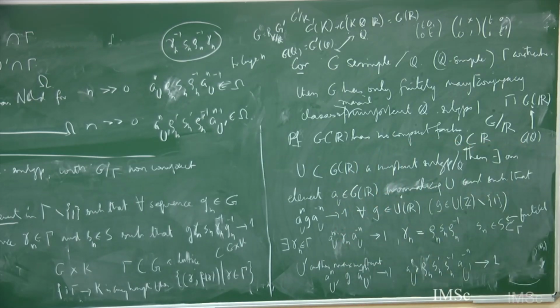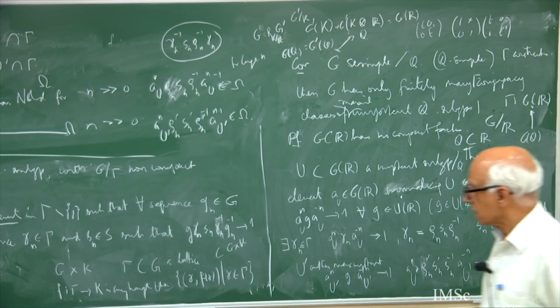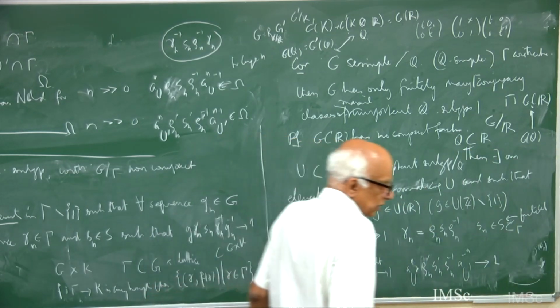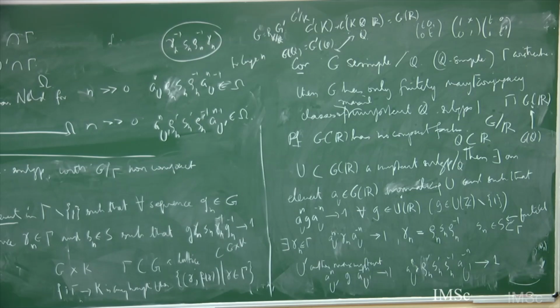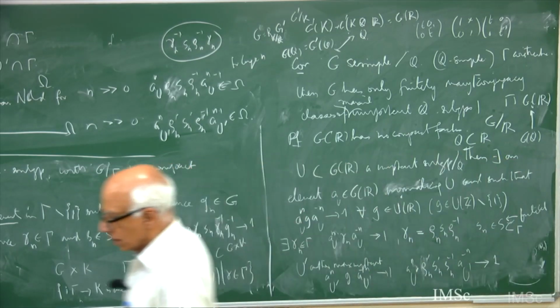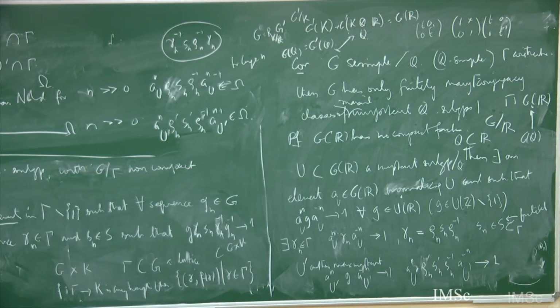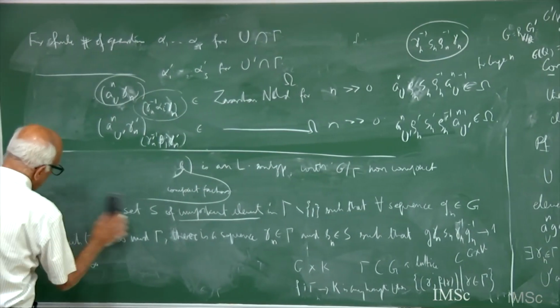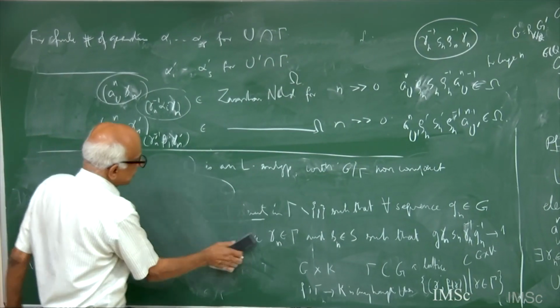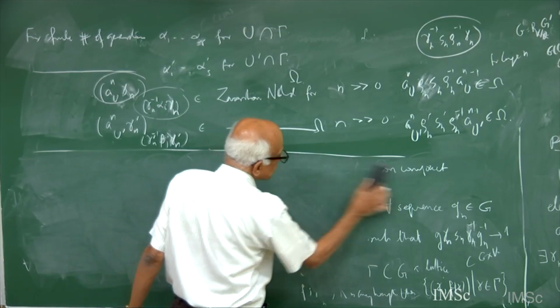Once you have the fact there are only finitely many conjugacy classes, from that one can deduce the rest, but I am not going to do that. I refer you to Borel's book on arithmetic groups.